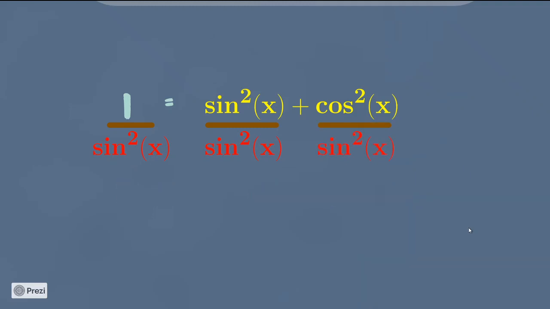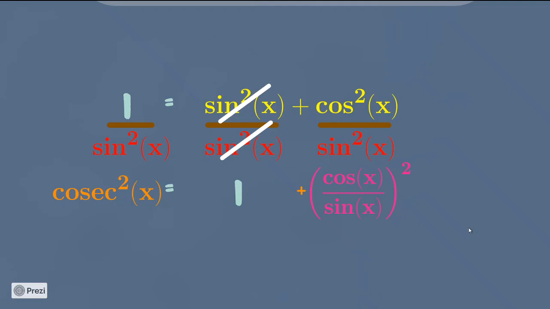Now 1 by sine square of x: 1 by sine is cosec, so it is cosec square of x, is equal to sine square x by sine square x. It will get cancelled, so 1, plus cos square by sine square, that is cos x by sine x whole square.